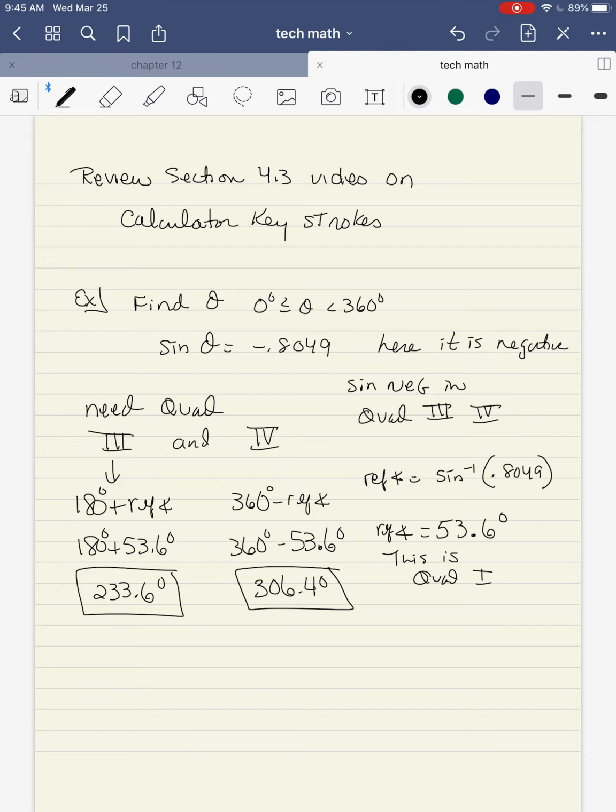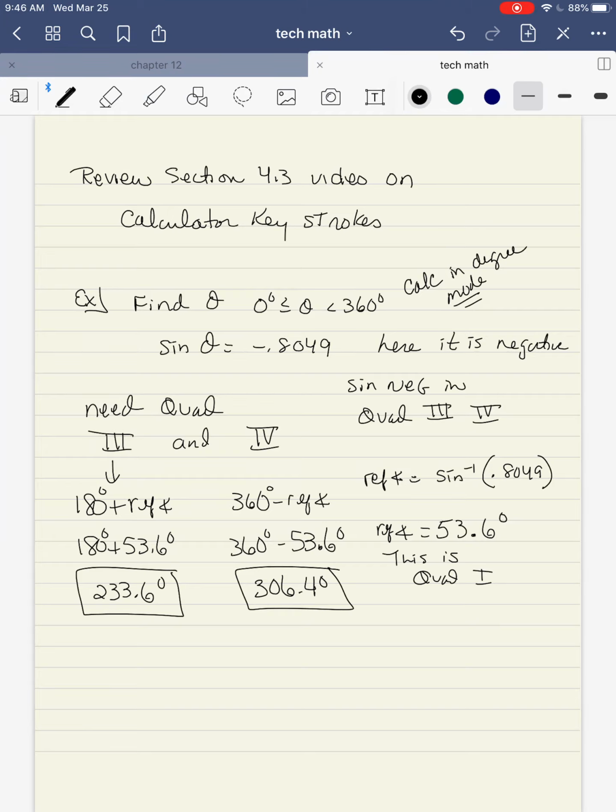For the next part of section 8.2, please review the section 4.3 video on calculator keystrokes to get angle measurements on the calculator. And then finally, the last part of this wants you to find theta given 0 degrees is less than or equal to theta is less than 360, which means first of all your calculator is in degree mode because of that condition, and I need to find the value where sine theta equals minus 0.8049.